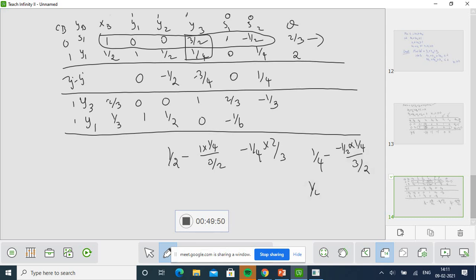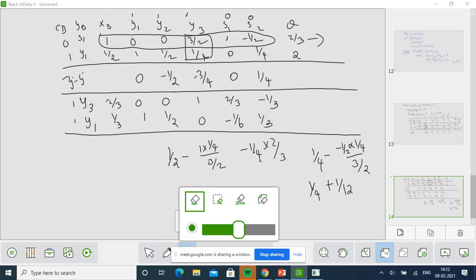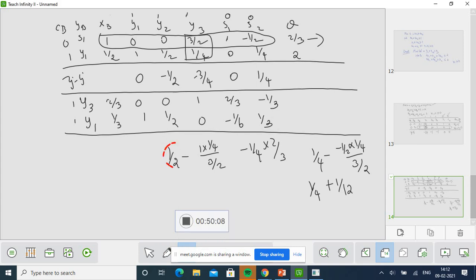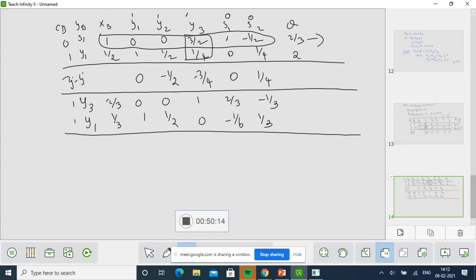What is this? 1 by 4 plus, minus of minus, it is 1 by 2, 1 by 2 will get cancelled. So 1 divided by 12, so it is 4 by 12, which is 1 by 3. Check here.